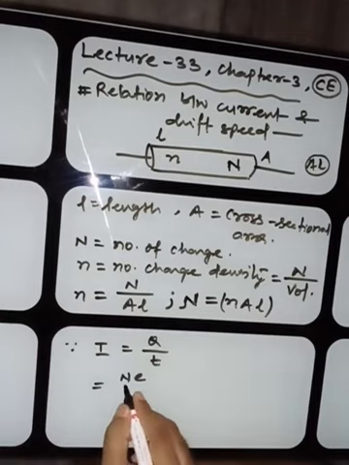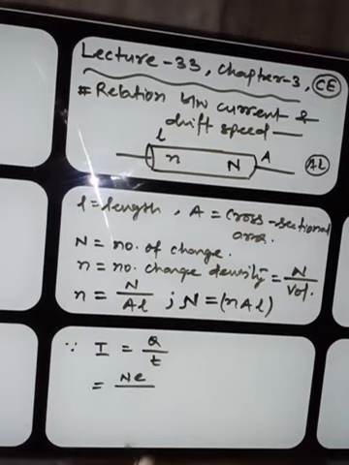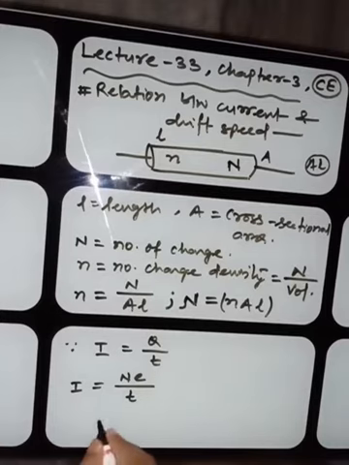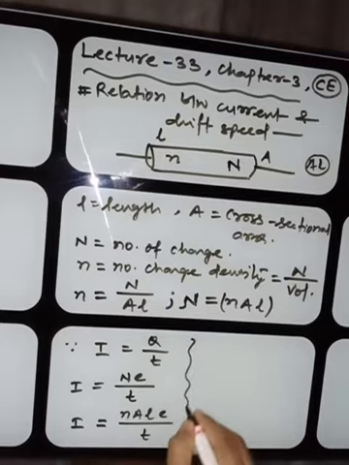N is the number of charge and e is the electron charge. So Q by T, where T is the time. We have already obtained the value of N, so we can place this N as nAL, into e, divided by T.